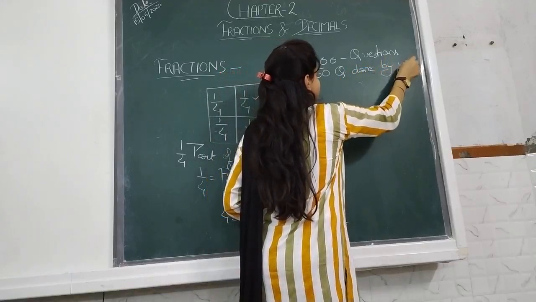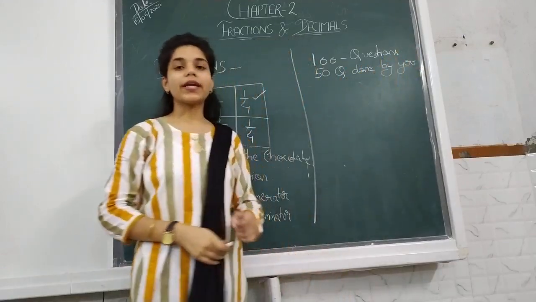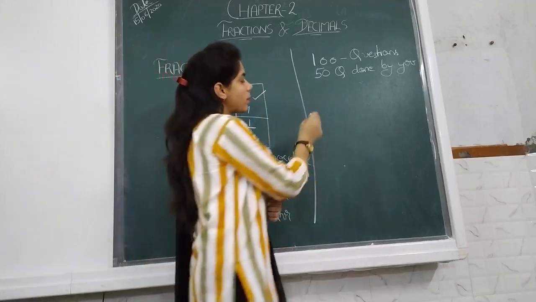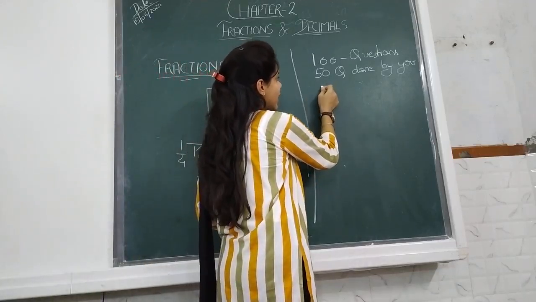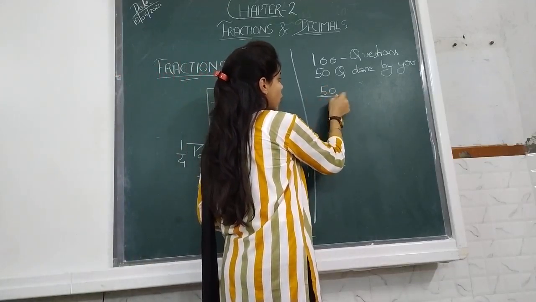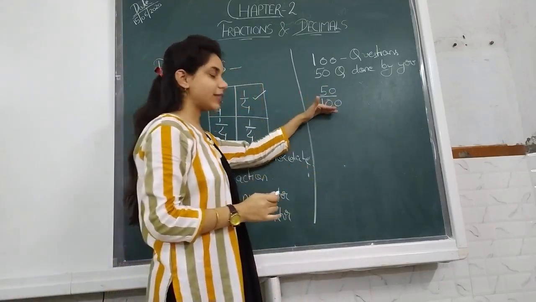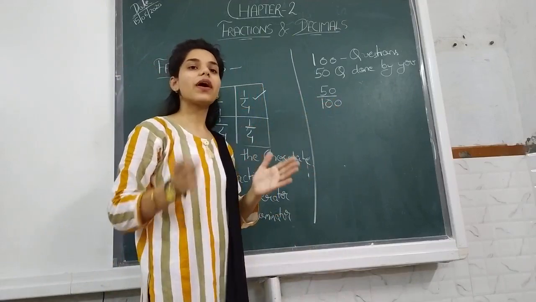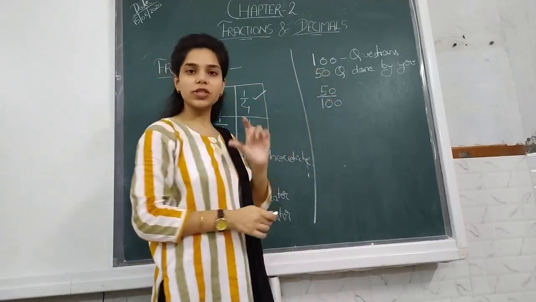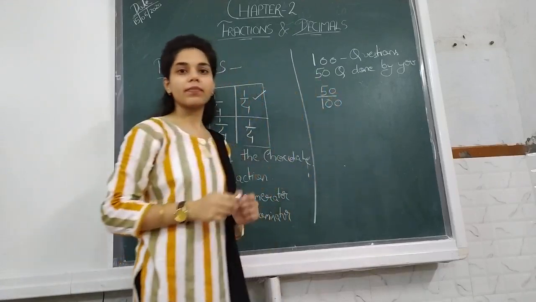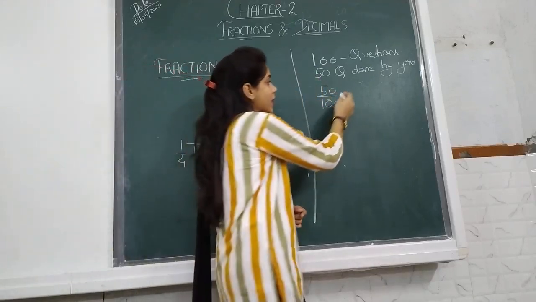Now I am asking you how much part of the question paper you have done. You will reply that I have done 50 upon 100 part. It means the whole part will come in the denominator and the part you have done will come in the numerator. Getting my point? So 50 upon 100 part is done by you.